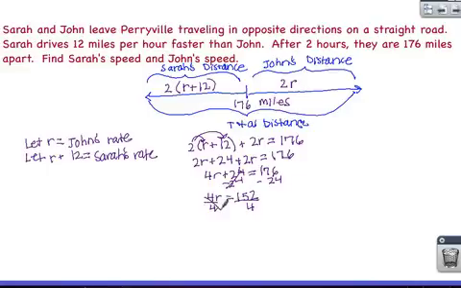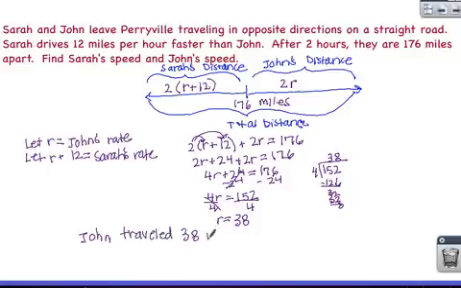Divide both sides by 4. And we get that r is 38. R is John's rate. So John traveled 38 miles per hour.